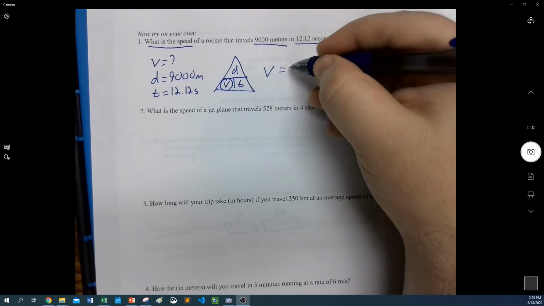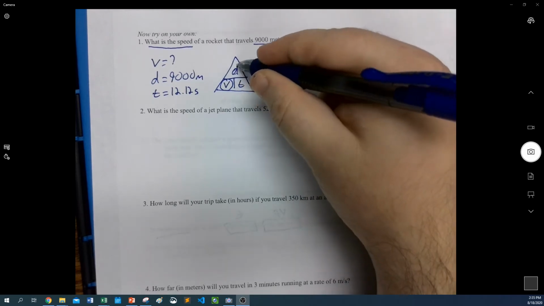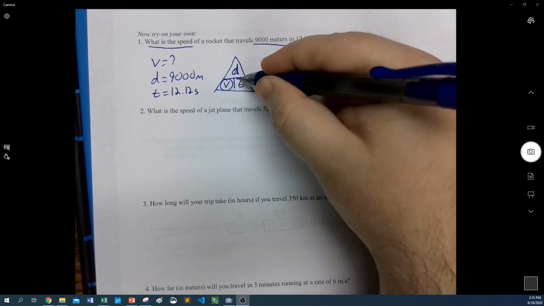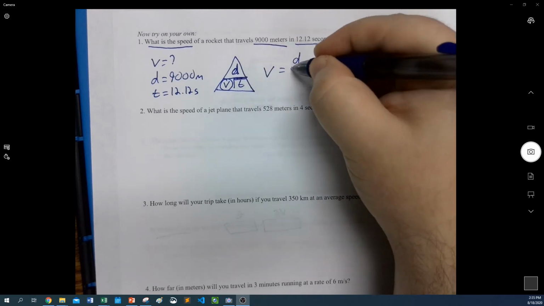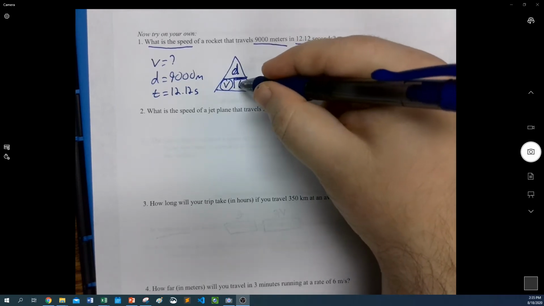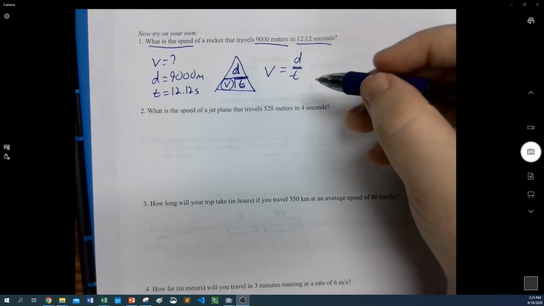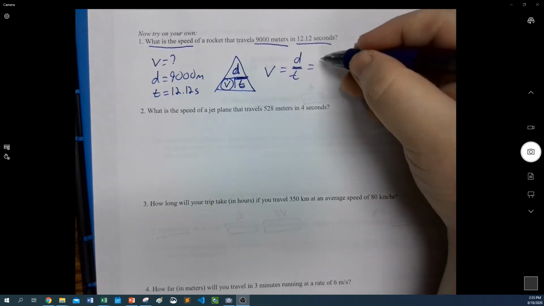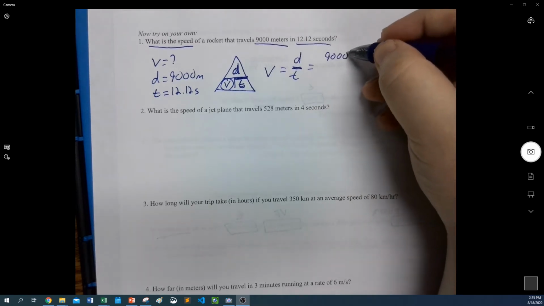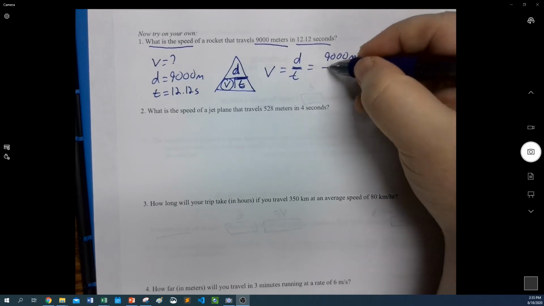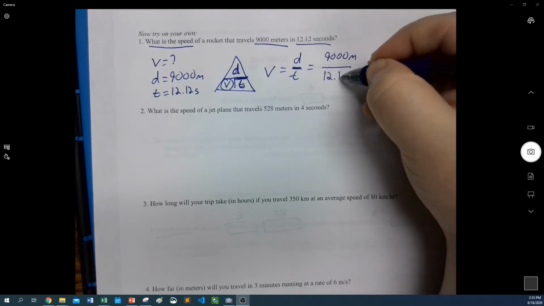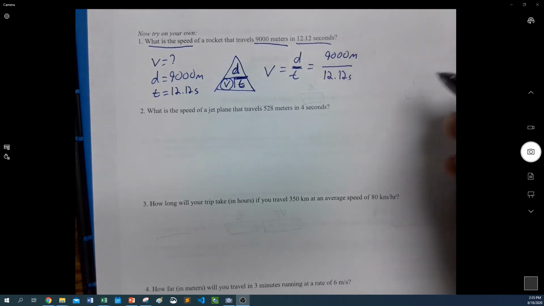So V is equal to D divided by time. Plug our numbers in. 9,000 for the D. 12.12 seconds for the time.